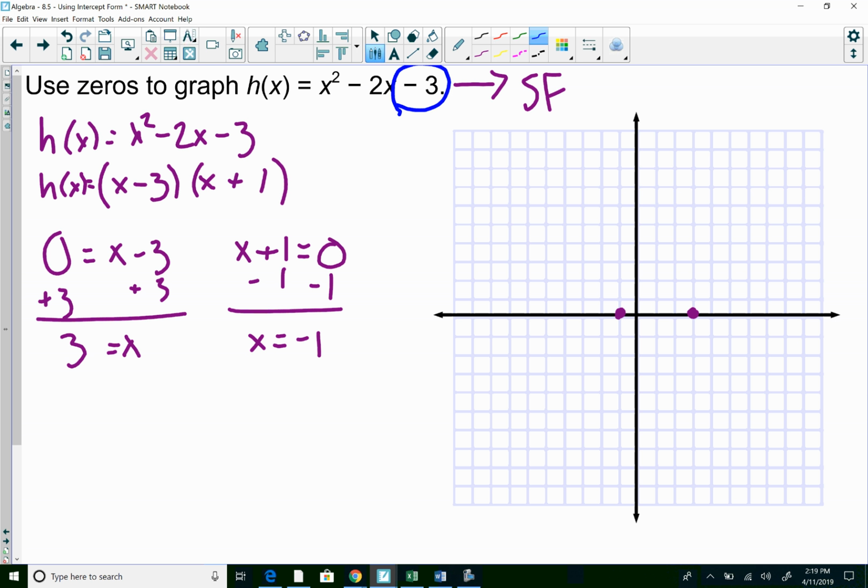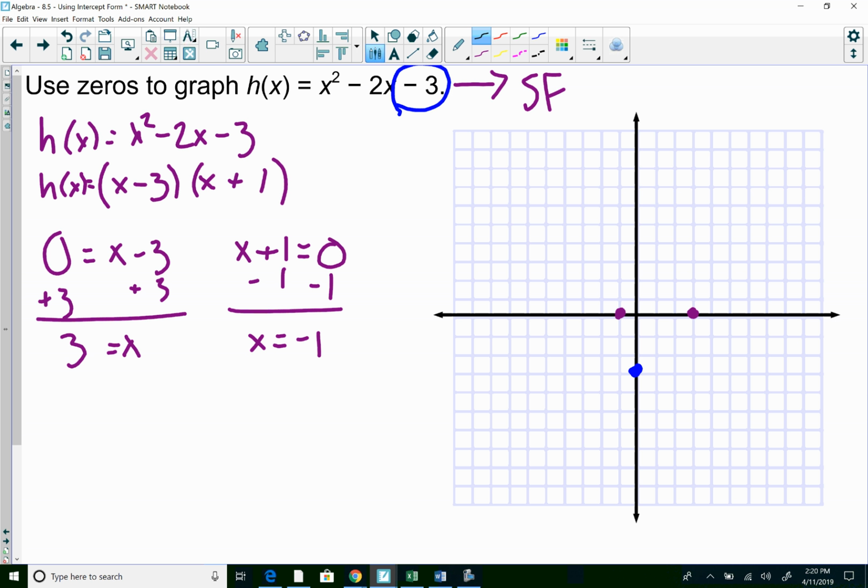But the benefit of standard form is that once you get the zeros, you can go ahead and figure out, well, where's this crossing the y-axis? And that's at negative 3, so I'm going to go down 3 here. And now we're also able to figure out where that axis of symmetry is.